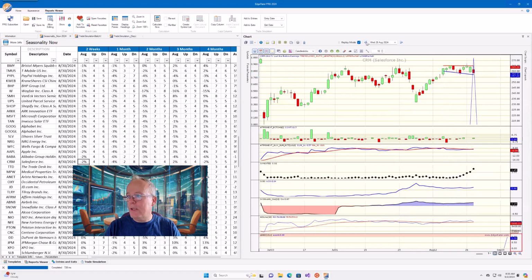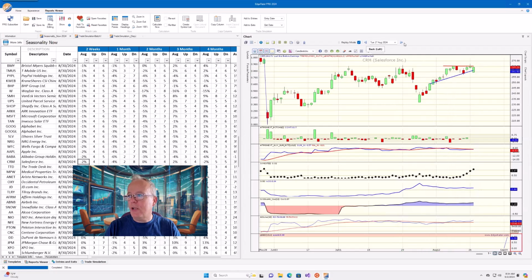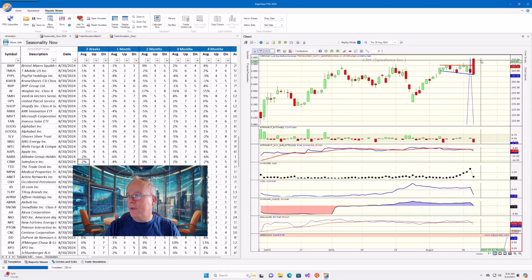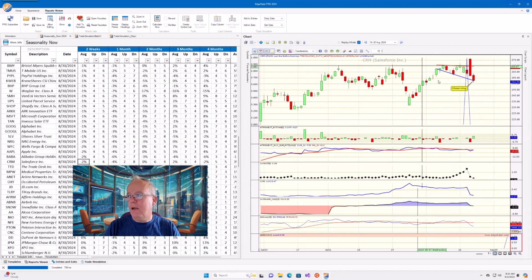It had gone from an upward trending trend line to a downward trending trend line, and the upper trend line stayed flat. Came into earnings, and then the day after earnings was a wide-ranging day, up and down. But it closed at the lower trend line, and then the trend line sloped down even further. So that's what happened with CRM.